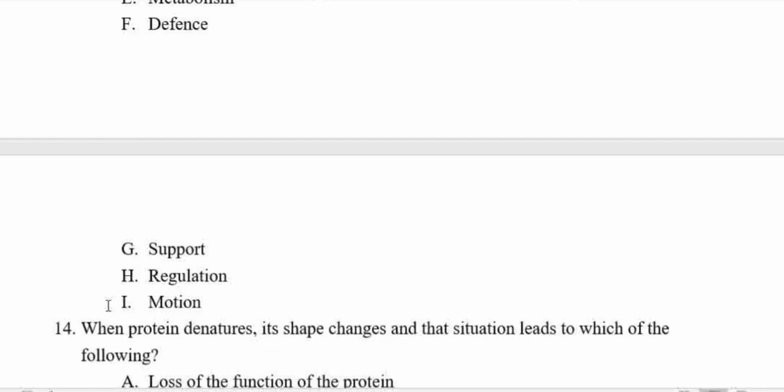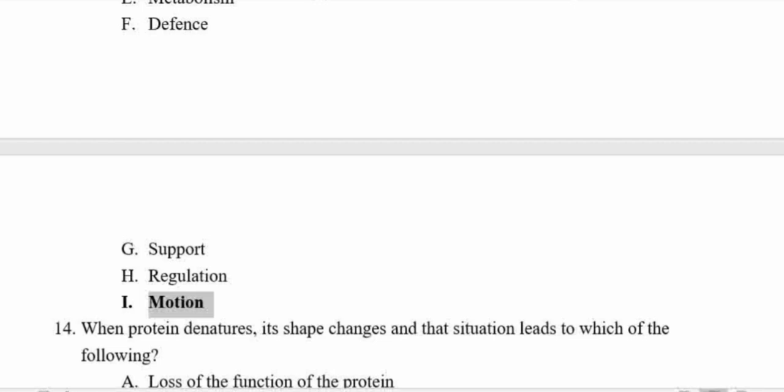Through muscular contractions, animals are able to move from place to place, or they are able to demonstrate what we call locomotion. So proteins really play a role in motion. And so we can say that our option I is a function of protein.